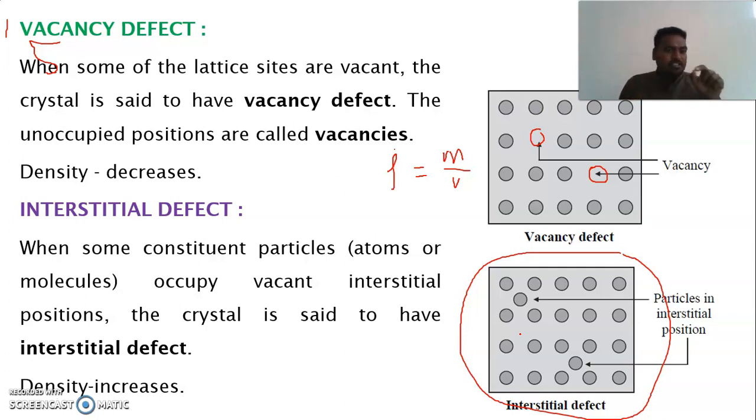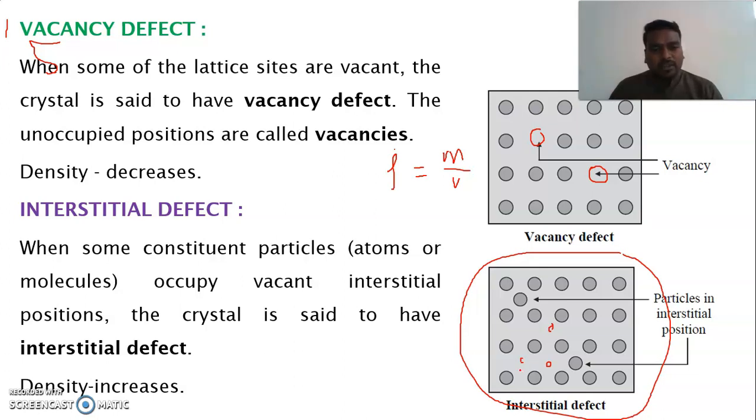Some vacant space is present between the balls. Like that, in a unit cell, in a crystalline lattice, even though atoms are closely packed, some vacant space is present. This vacant space is called the interstitial region.